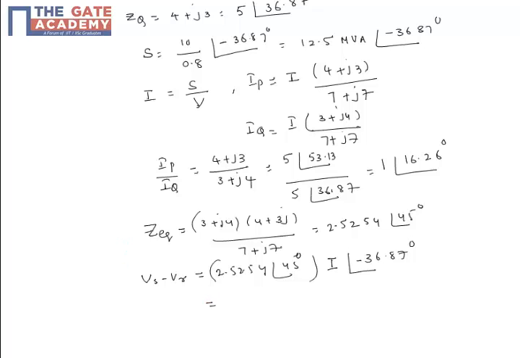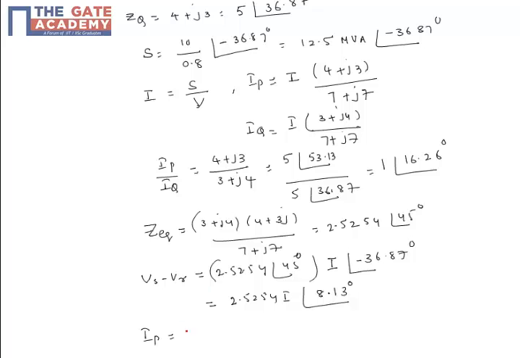So this is equal to 2.5254 I at an angle of 8.13 degrees. Once you know this drop, you can find out IP now.